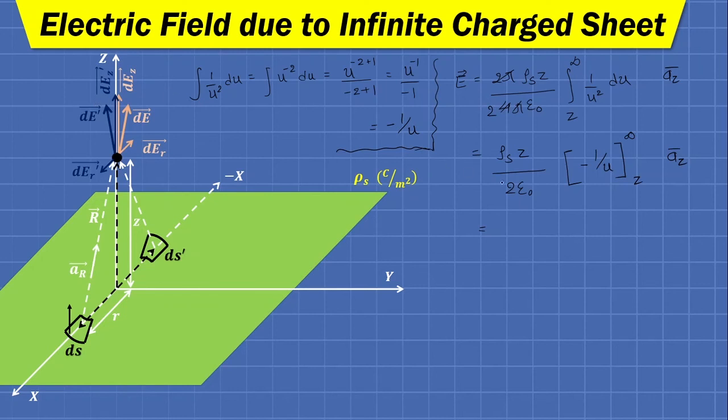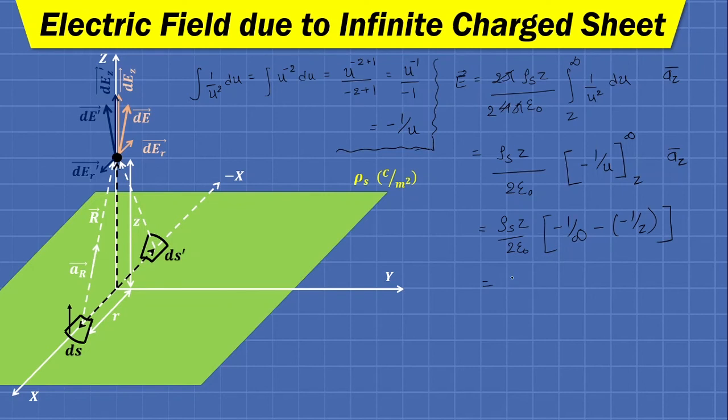So as you can see over here, putting the upper and lower values, we will have rho s into z upon 2 epsilon 0 into minus 1 upon infinity minus minus 1 upon z. So 1 upon infinity will be 0, and here minus minus will be plus. So plus 1 upon z will be multiplied with rho s z upon 2 epsilon 0.